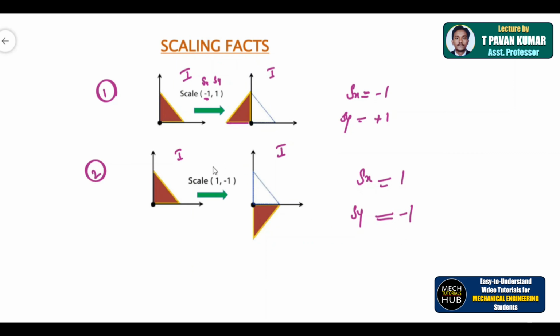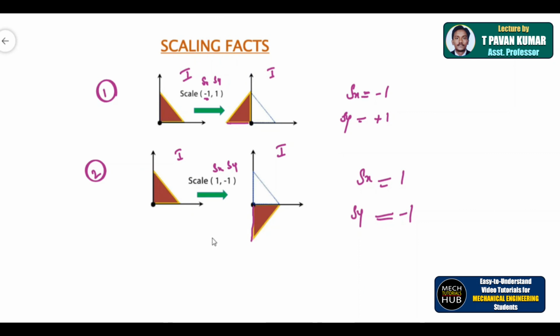This becomes Sx, this is Sy. Now check it out. This particular question again belongs to the first quadrant, but based on the given values, x is positive, so this position will remain the same, and y is negative, so that got shifted. This is how it happens.